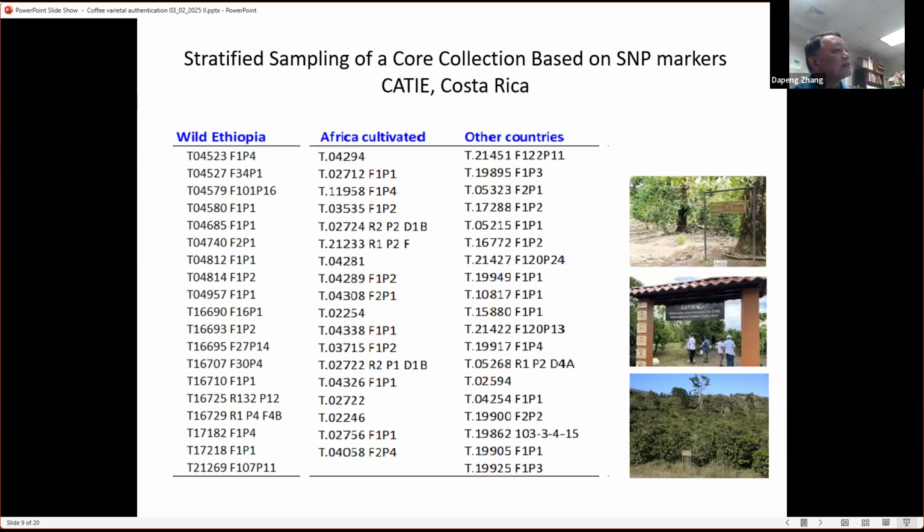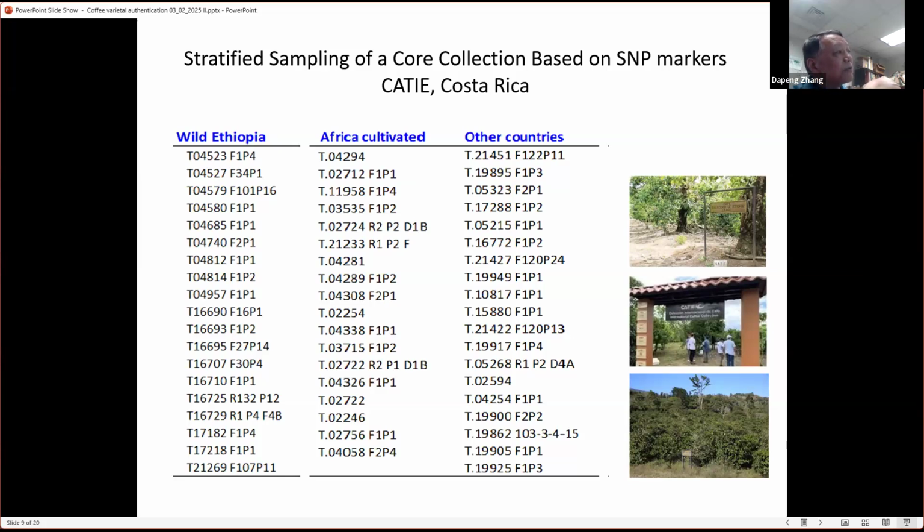The second stratification is the varieties introduced from Africa, particularly East Africa. And the third stratification was the one from the other countries, such as Brazil, Costa Rica, and everywhere.